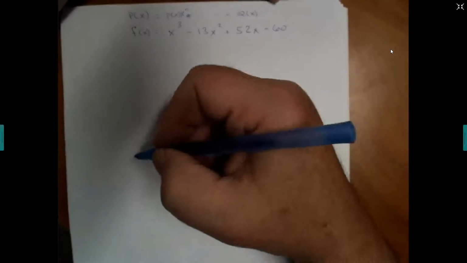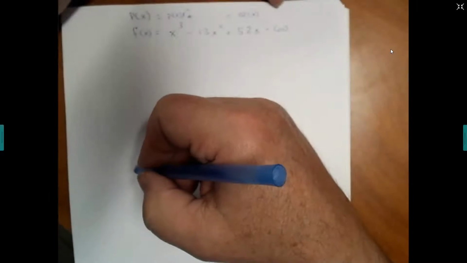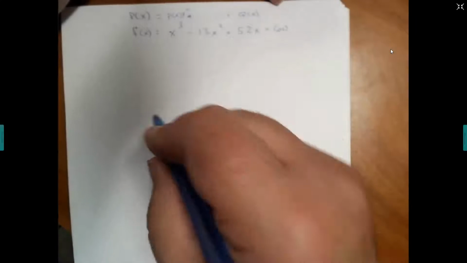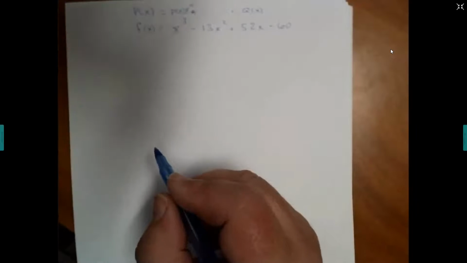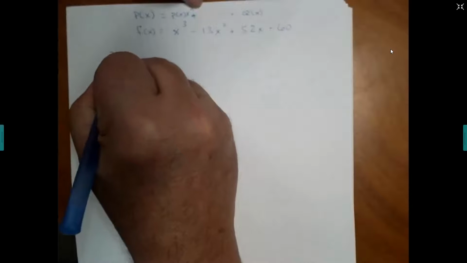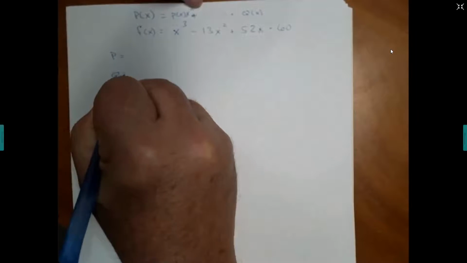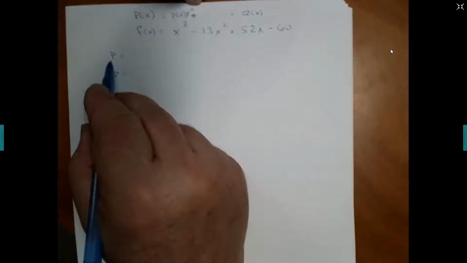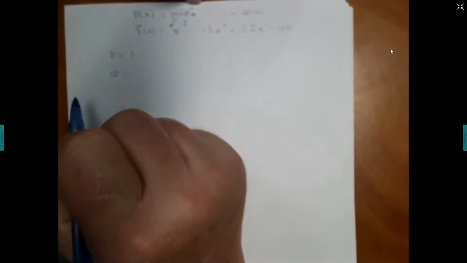A constant term, actually, it's just q. Remember, we need to have P and Q defined. What is P? P is the leading coefficient.